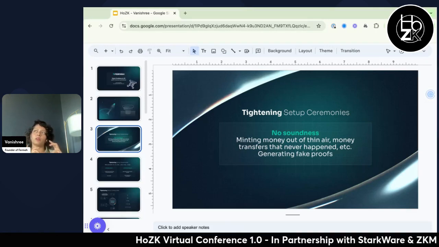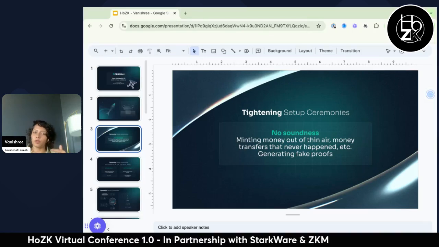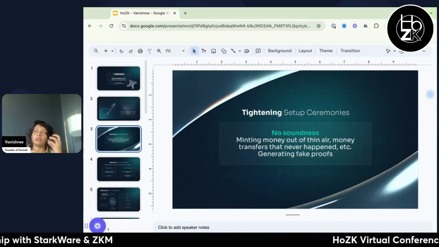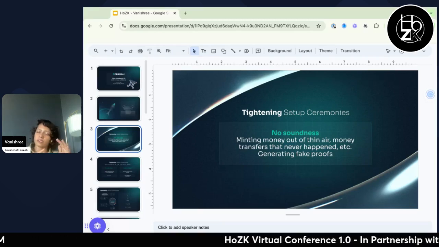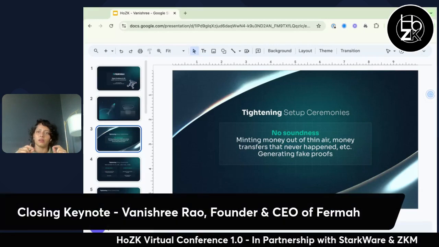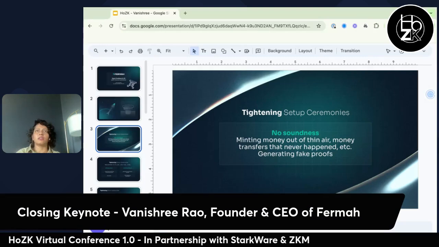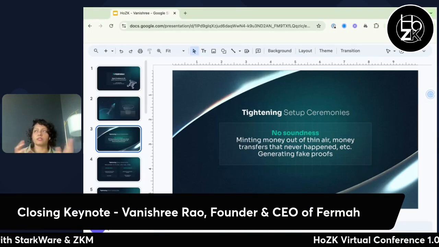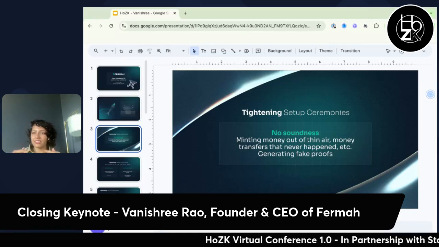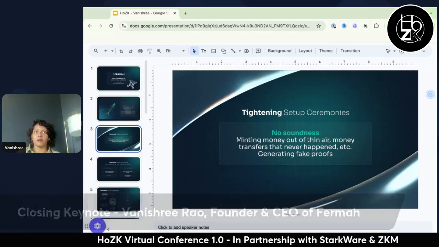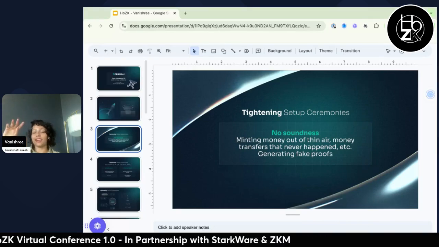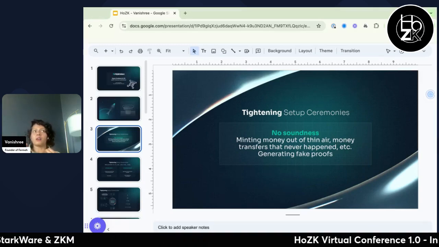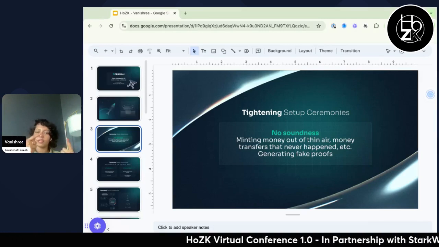Most currently popular proof systems are of the following type: if they have trusted setups, then any incorrect trusted setup, maybe a leakage of the secret value, or incorrectly distributed trusted setup parameters, will affect not the ZK property, but the soundness property. There are other proof systems one can think of where bad setups actually affect the ZK property, but the ones that, as far as I know, are popular now are the ones where bad trusted setups affect soundness.